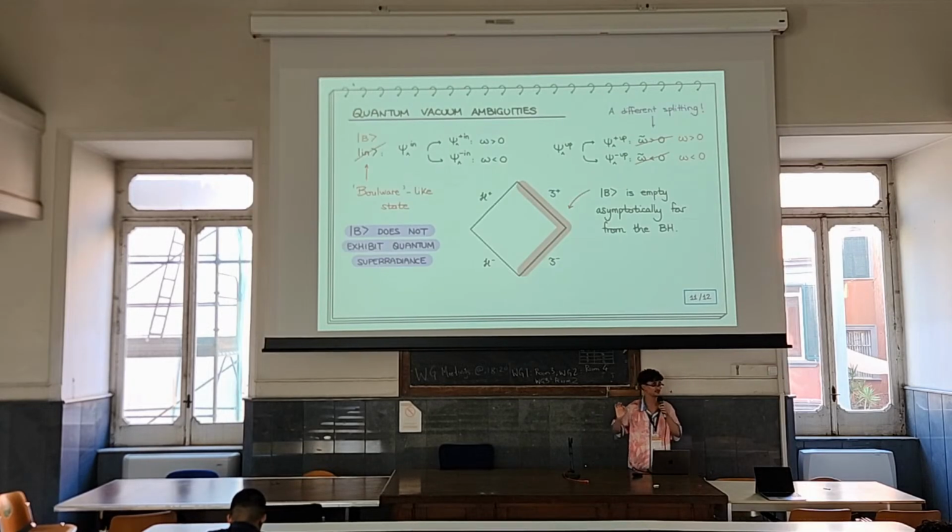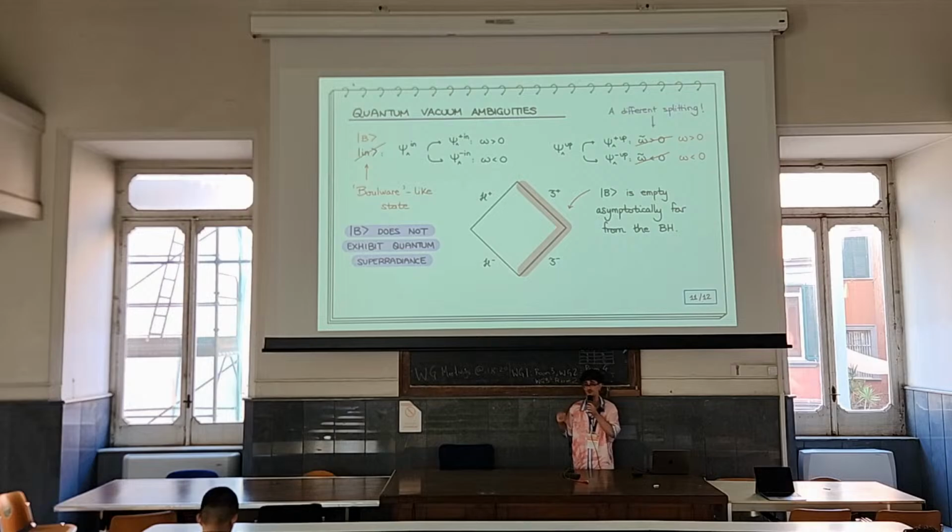Now, a brief comment about quantum vacuum ambiguities. Remember that I told you that we could have made other choices in the splitting of our modes. So what if we had decided that for the up modes, we have omega positive for the particles and omega negative for the antiparticles? We could have done that.